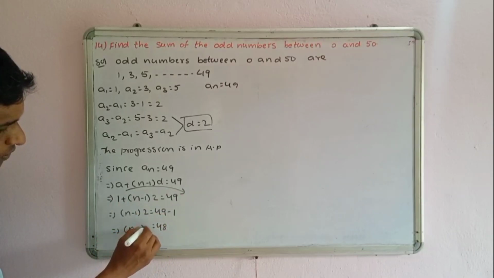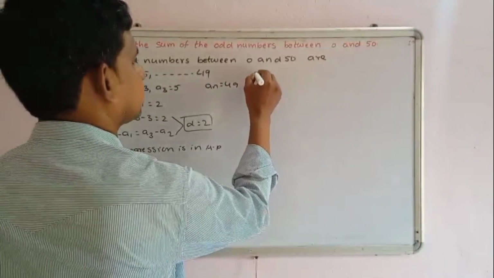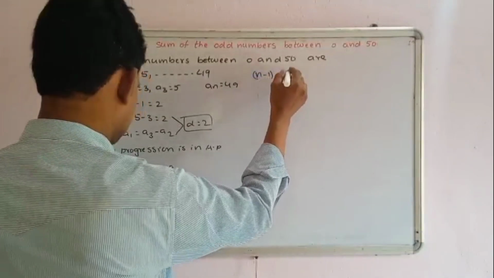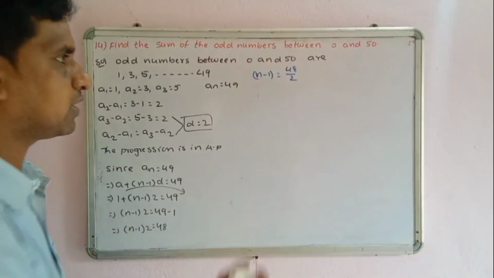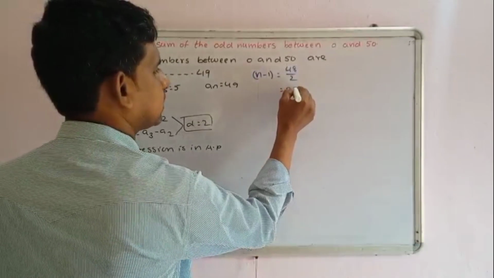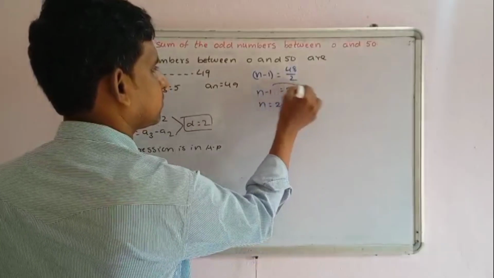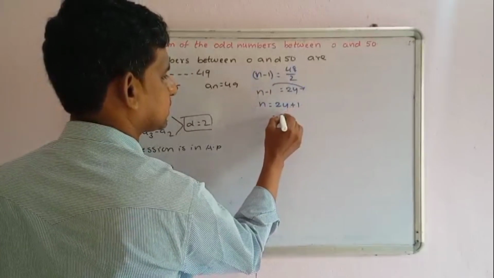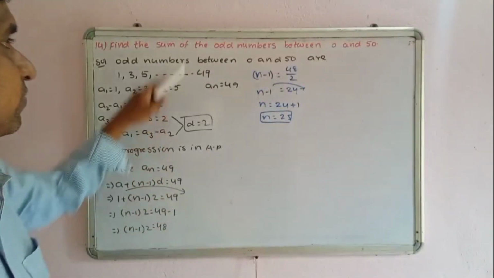So n minus 1 equals 48 over 2, that is 24. So n equals 24 plus 1, that is 25. n equals 25.